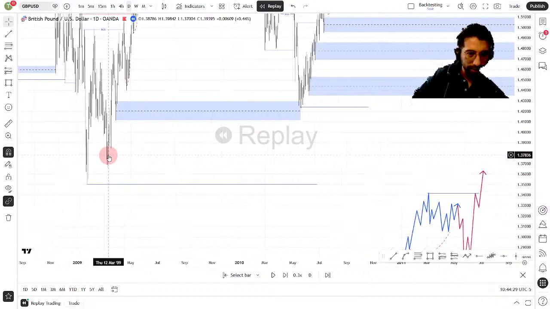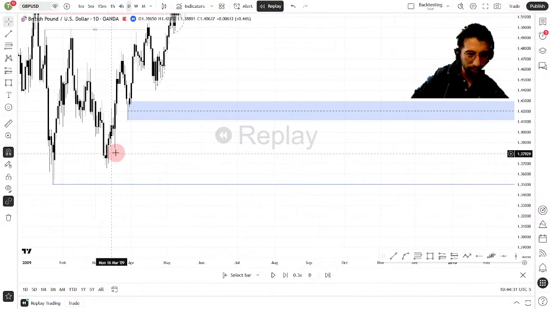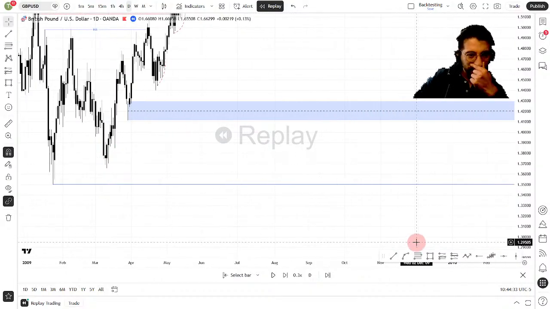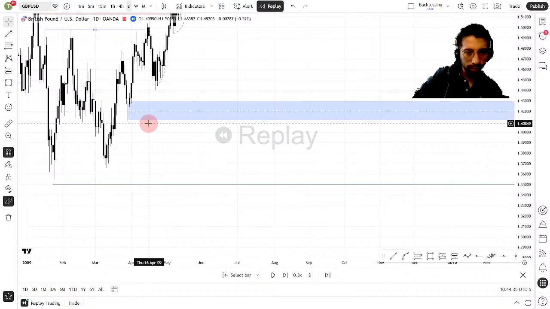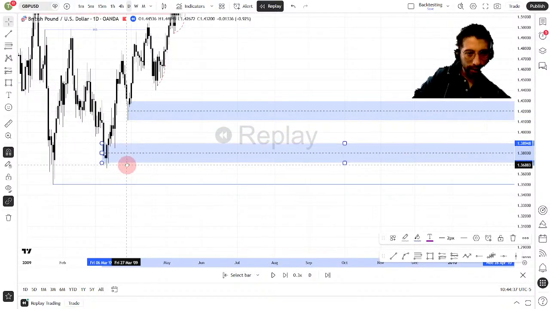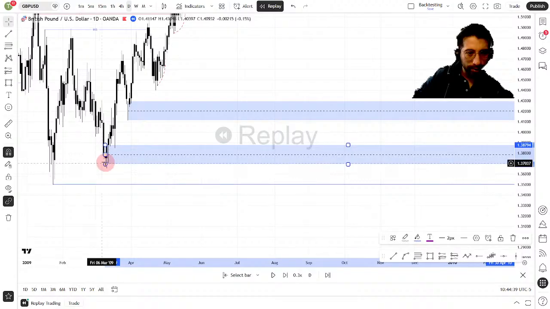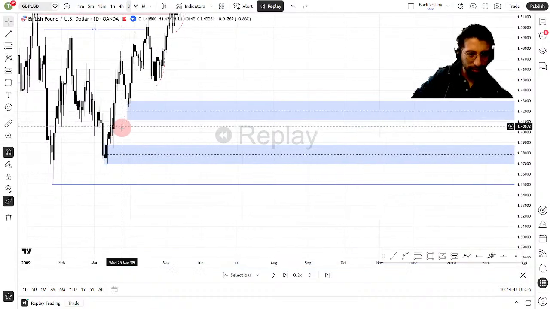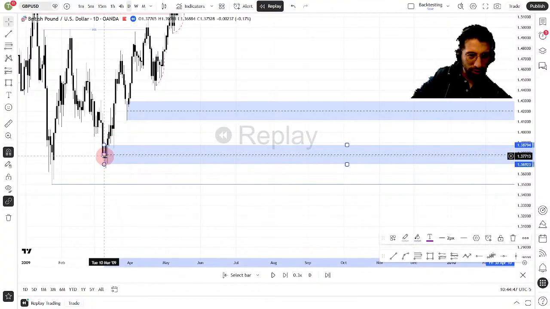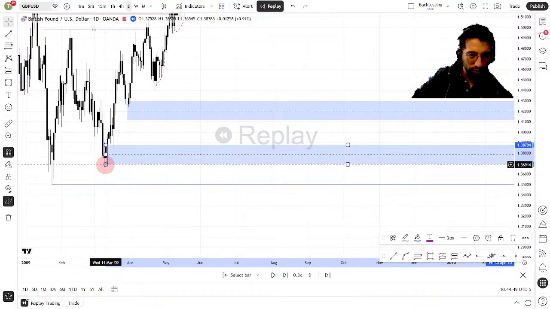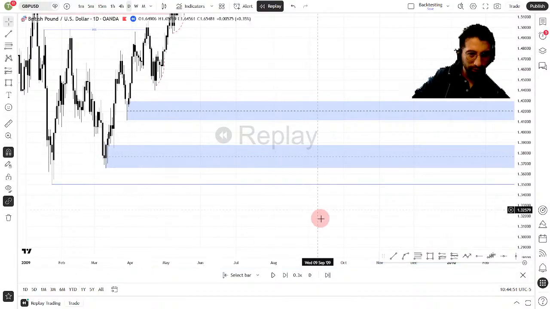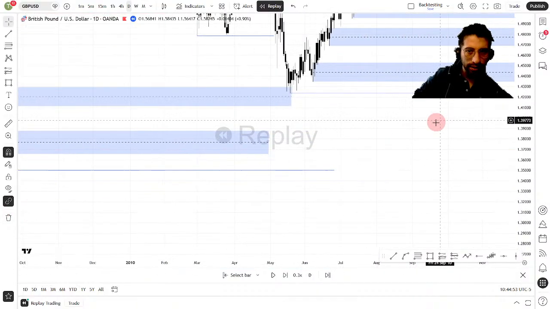For example, here, I'm very sure there should be one. This one, look. Yeah, it's been mitigated a little bit, I have to be honest. Look, with this candle wick here, it entered and had a certain reaction, but it wasn't that strong, and it should enter properly to the fair value gap, which is the 50%.